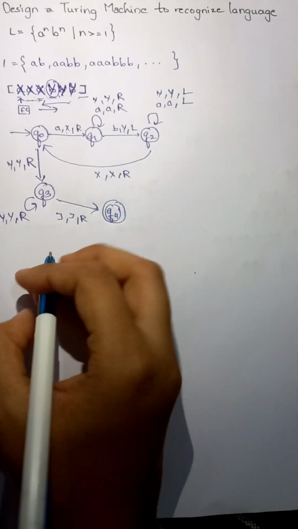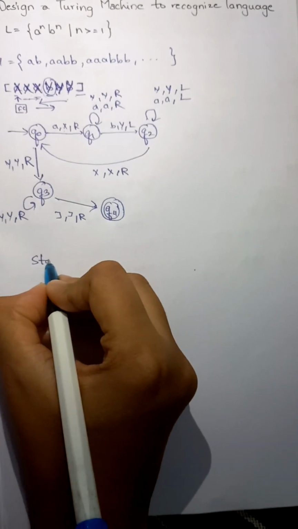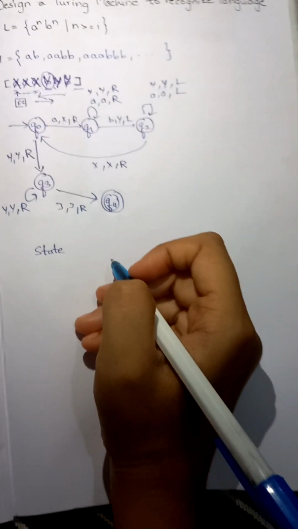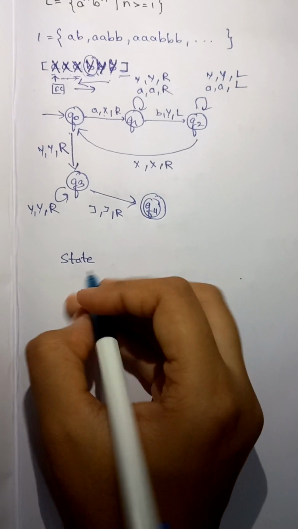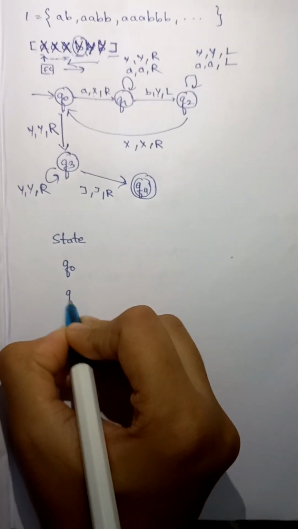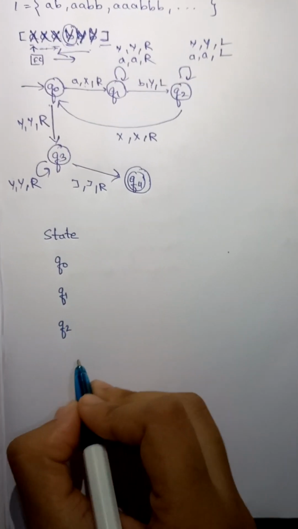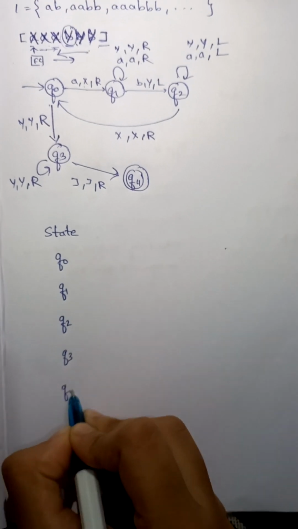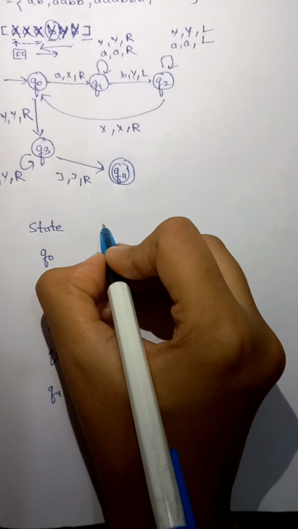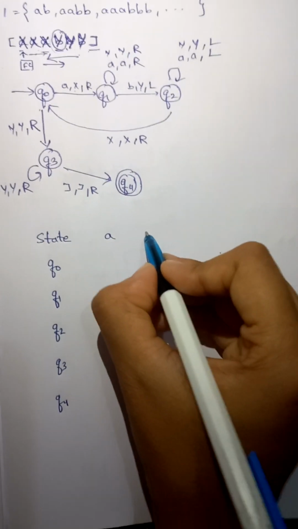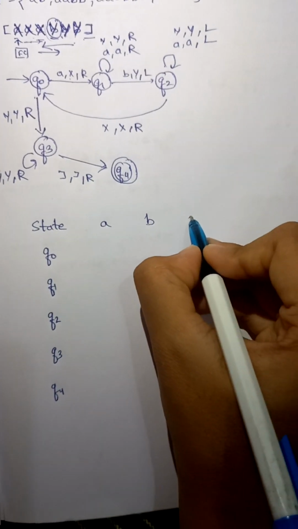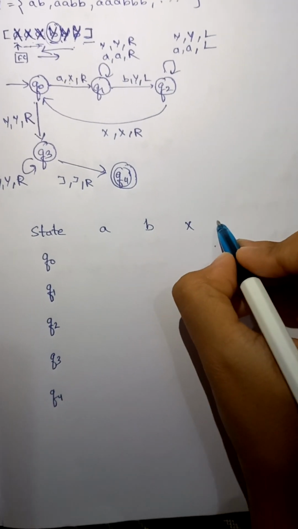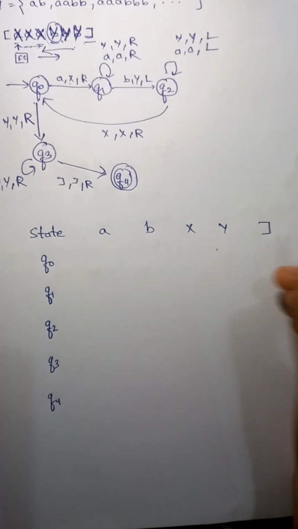So the state table for the Turing machine is here. Inputs are A, B, X, Y and blank.